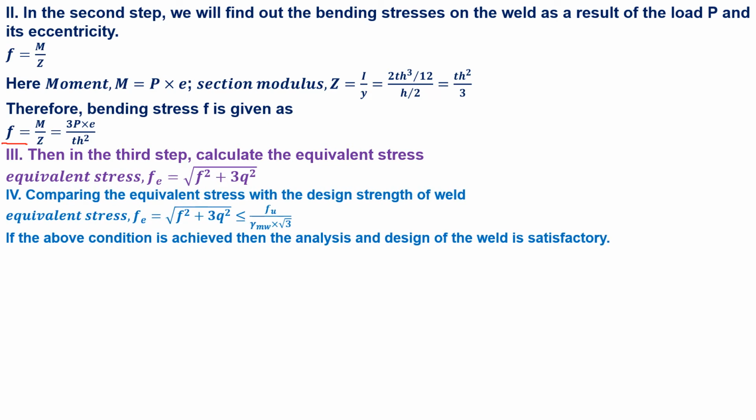Then we compare the equivalent stress with the design strength of weld, that is Fu upon gamma m0 multiplied by root 3. If equivalent stress Fe is less than or equal to the design strength of weld, then the analysis and design of the weld is termed satisfactory.